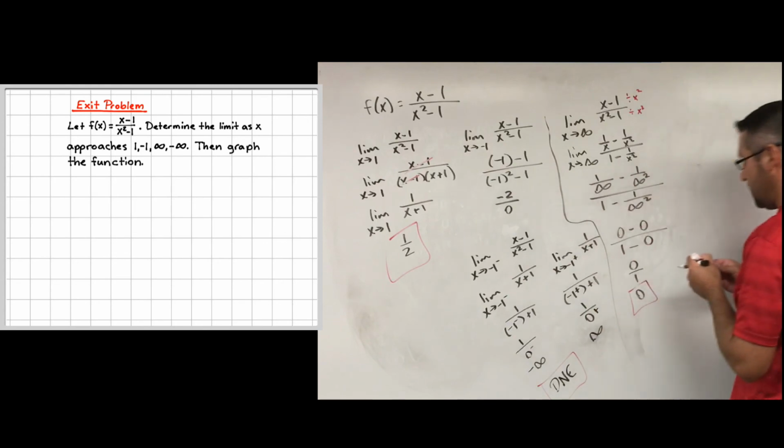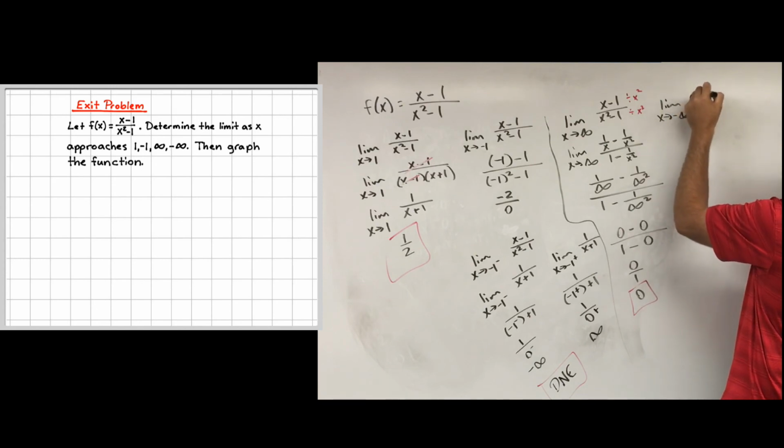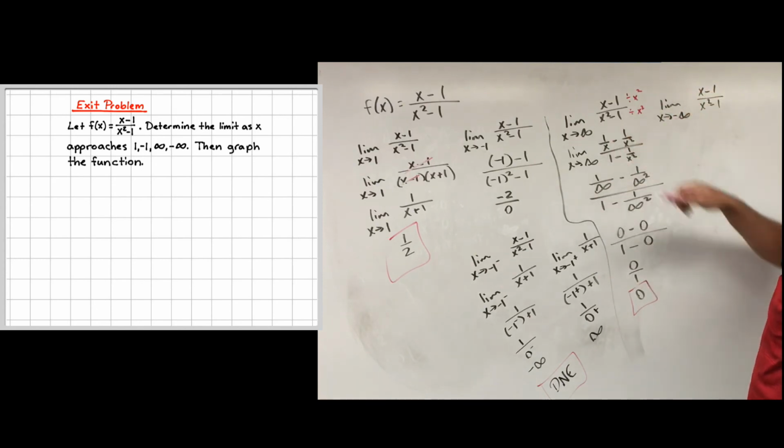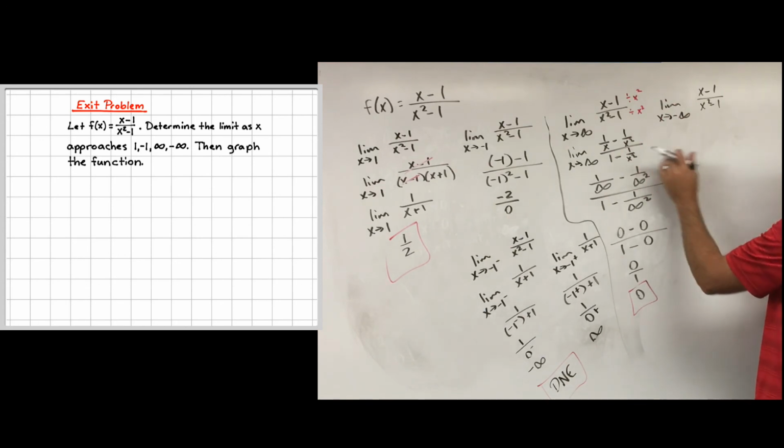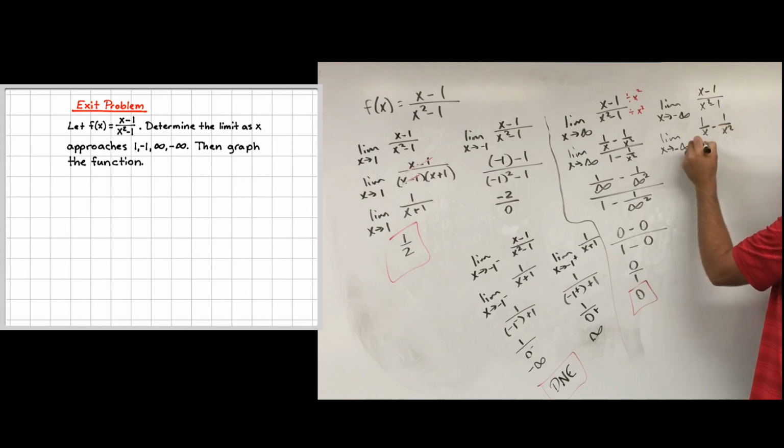And the last one we need to do is the limit as x approaches negative infinity of x minus 1 over x squared minus 1. Again, plugging in negative infinity is going to give me indeterminate, so I'm going to use the same thing. Limit as x approaches negative infinity of 1 over x minus 1 over x squared, all over 1 minus 1 over x squared.